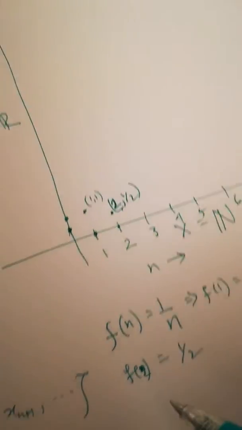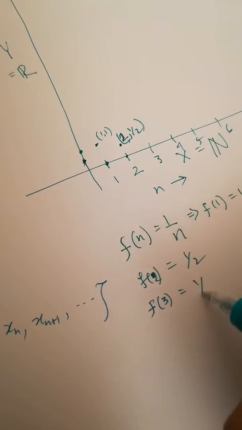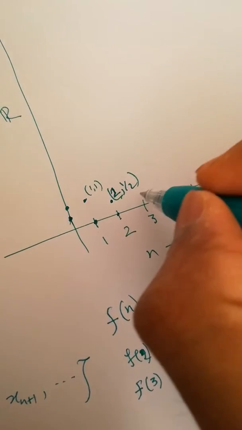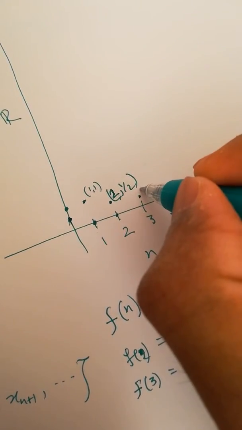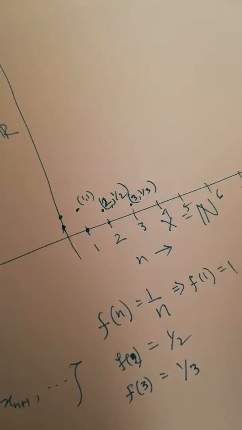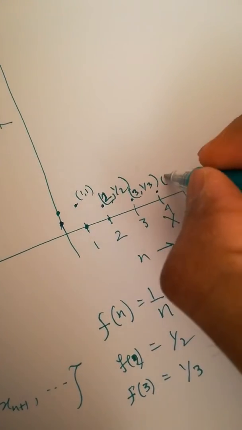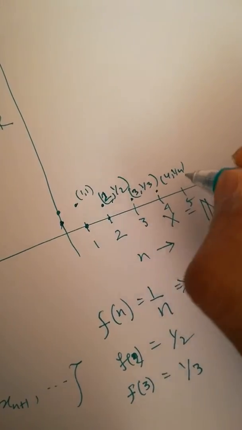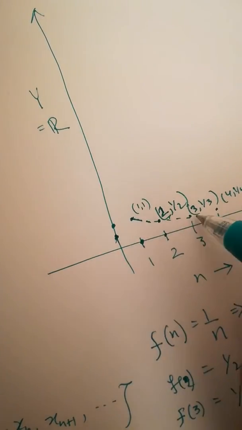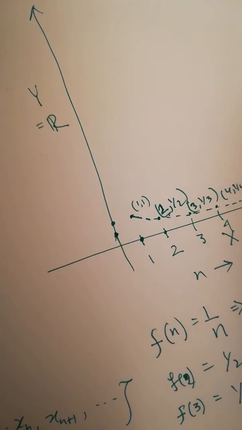Now when n equal to 3, it will be somewhere here, the point (3, 1/3), right? And when n is 4, this will be (4, 1/4). So if you join the points, you will get this kind of curve.